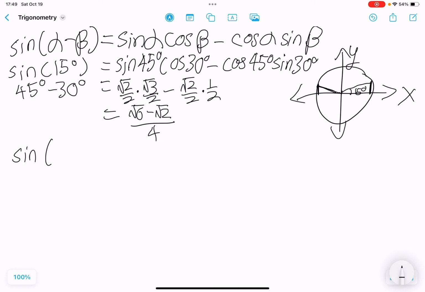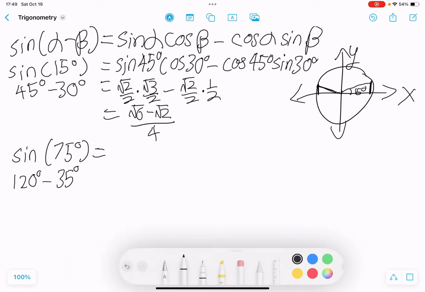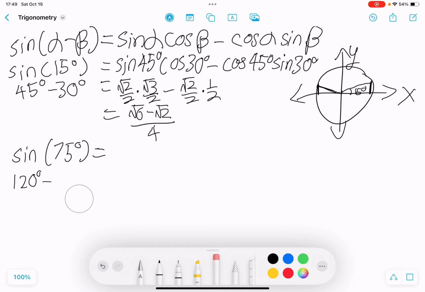Let's try to find sine 75 degrees. We can do this using the addition formula, 45 plus 30, but it's also 120 minus 45. Okay, wait, my earlier attempt clearly does not work. Okay, anyways, 120 degrees minus 45 degrees, right? Never mind, it's 75 degrees.